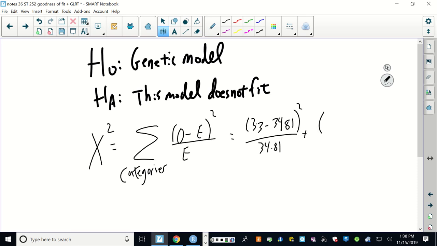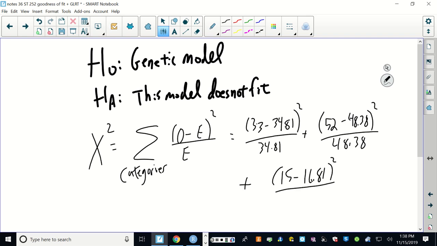And the next one was 52 minus 48.38 squared over 48.38. And the last one, the third category, is 15 minus our 16.81 squared over 16.81. We calculate that out, the chi-squared value.